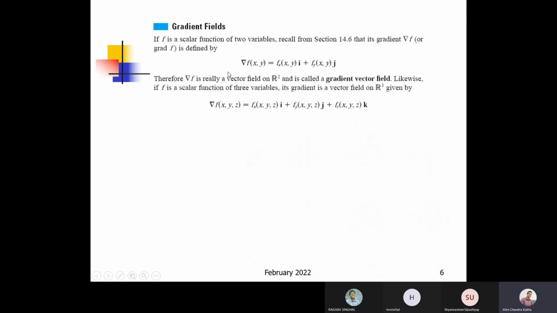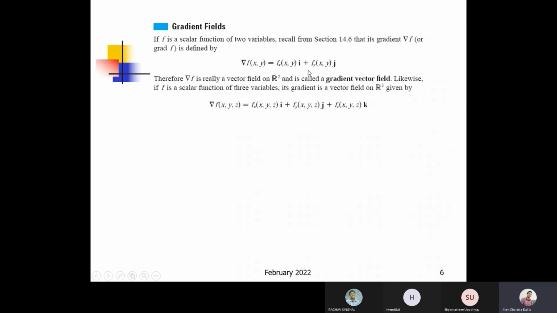Now I am going to simply run through what gradient fields are. We have already discussed this earlier in directional derivatives, where we defined some gradient vectors. If f is a scalar function of two variables, then its gradient defines a vector field, because at each point we will be able to draw a vector through this formula.